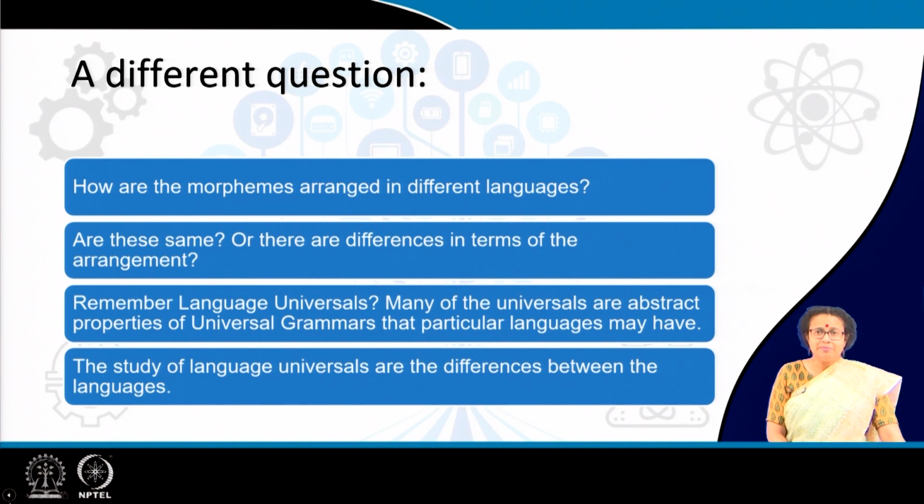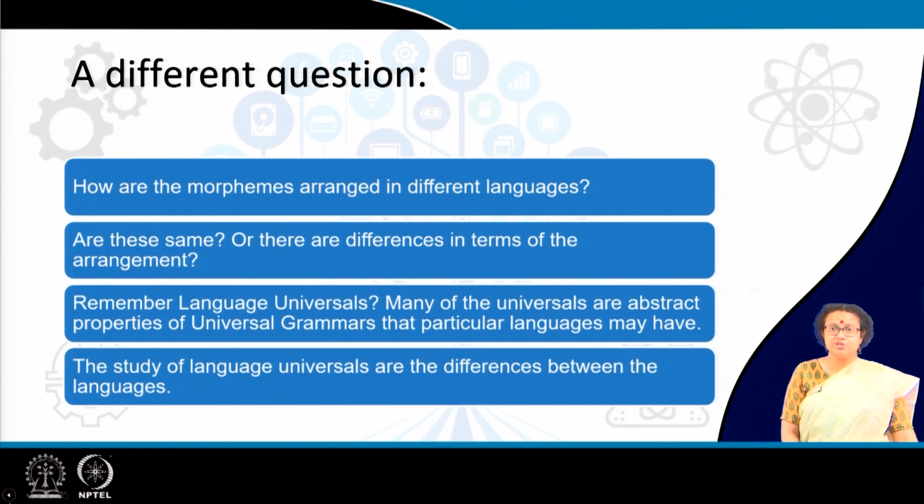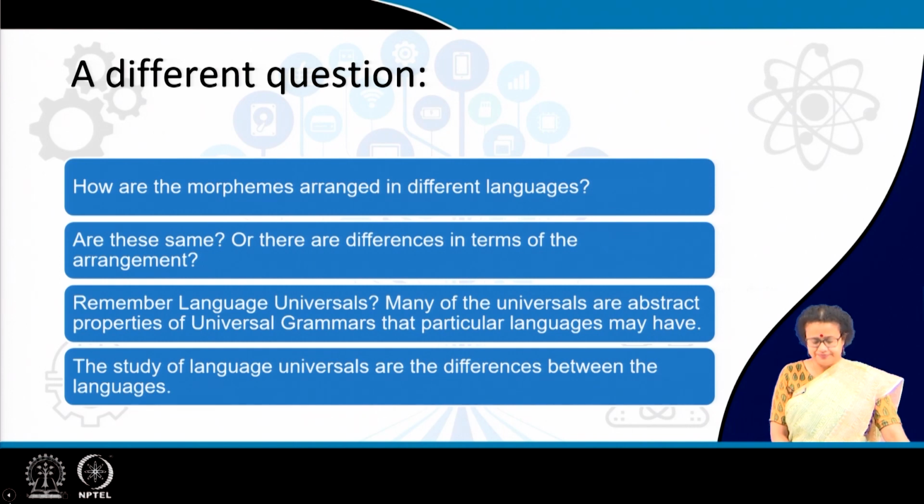Hopefully you remember the idea of language universals, which is different from universal grammar. I introduced this idea of language universals to you previously. We can say that many of the universals are abstract properties of universal grammar that particular languages may have. The study of language universals is the study of the differences between languages.